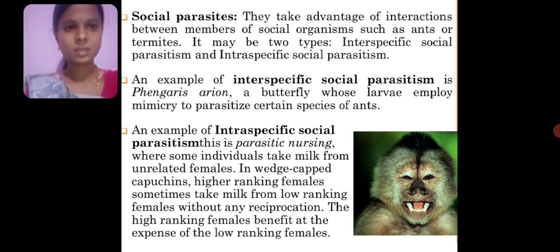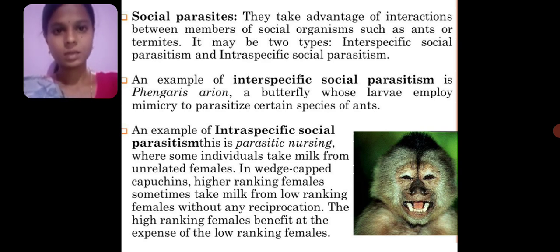Social parasitism takes advantage of interaction between members of social organisms such as termites. It may be of two types: interspecific social parasitism and intraspecific social parasitism. An example of intraspecific social parasitism is the butterfly.